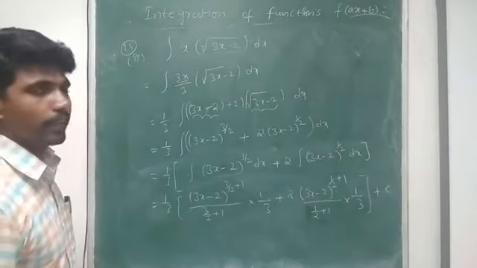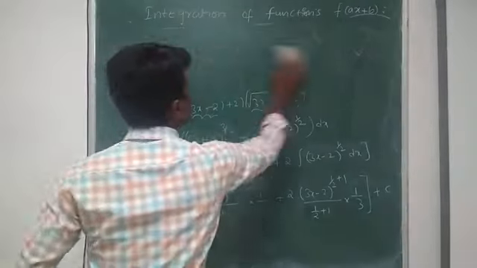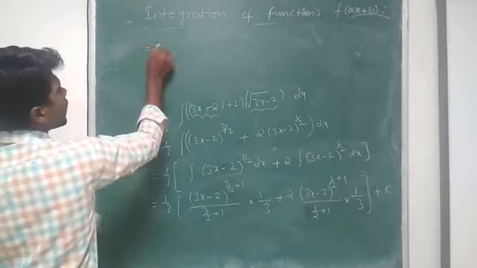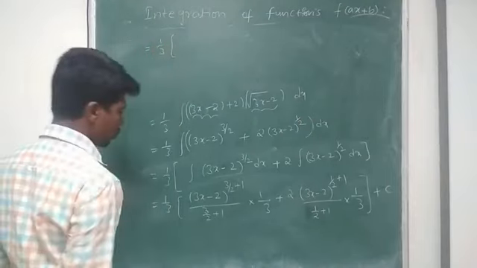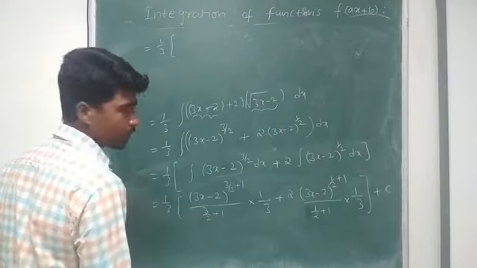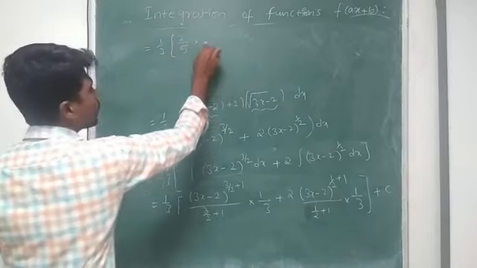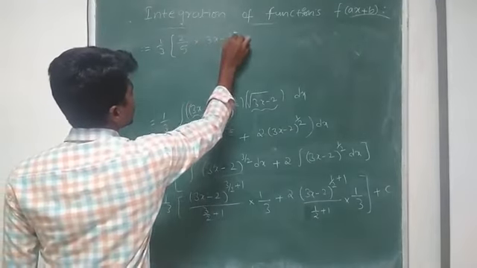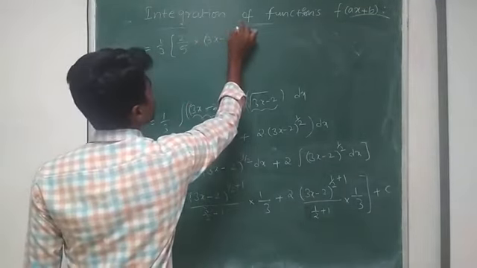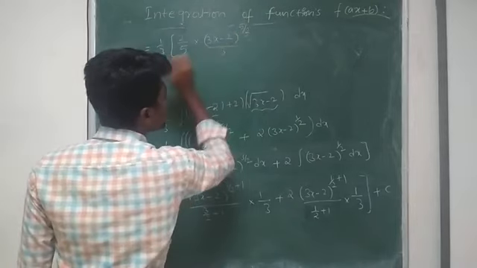Now I have to simplify this particular part. After simplifying, I get 1 by 3 into 3 by 2 plus 1, so I can write it as 5 by 2. It becomes 2 by 5 into (3x − 2)^(5/2) by 3.